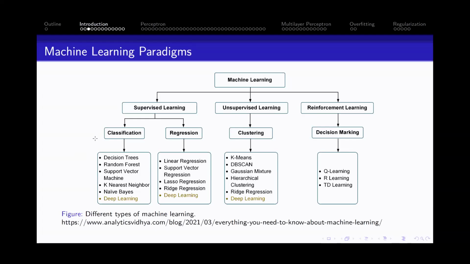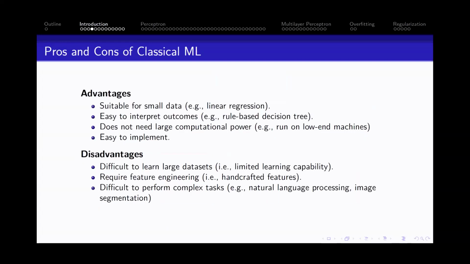That's where you can choose what kind of model, depending on the problem you are looking at. And if you notice, deep learning is always a choice, whether supervised or unsupervised learnings. So if you are dealing with a complex task, you can go with different models.